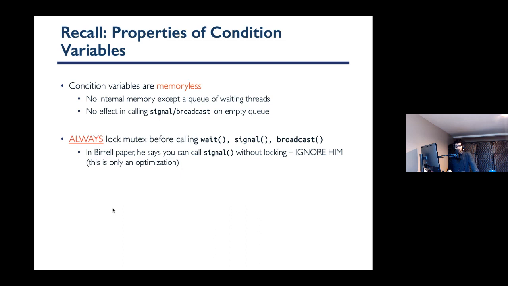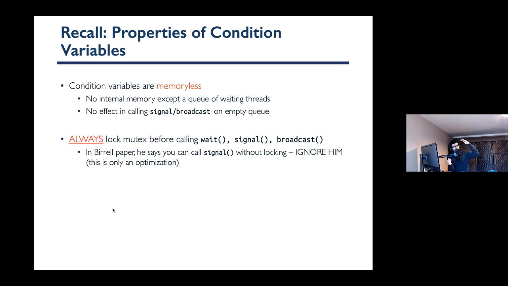So another thing with condition variables is that they depend on the mutex. They're not independent entities. They have to have a mutex associated with them. They have to be defined in the context of a monitor. And this means that you are allowed to call wait, signal, and broadcast only in your critical section, which is protected by the mutex.